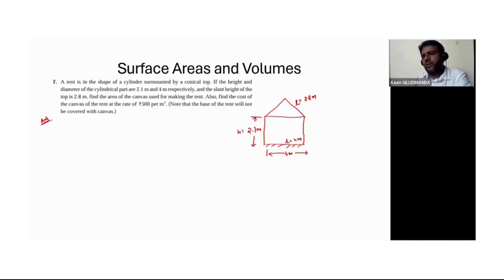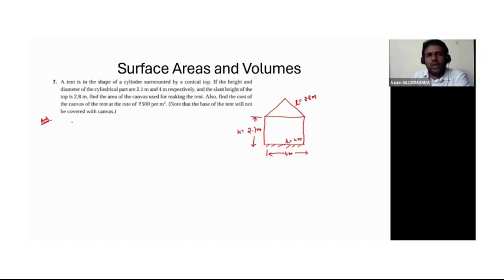So the curved surface area of the cylindrical portion plus the curved surface area of the top. If we add those two, we will know how much canvas, that is cloth, is required to cover this structure, right? If we get the area of that canvas, then per meter square it is 500. Then we will know how much cost it is.